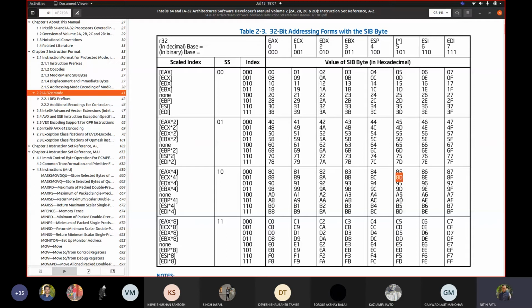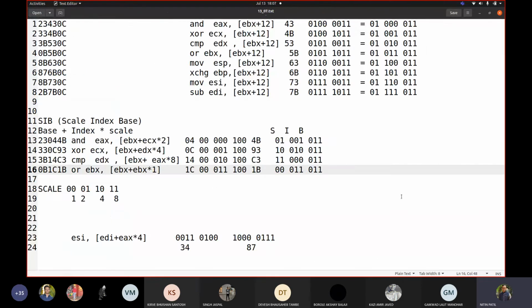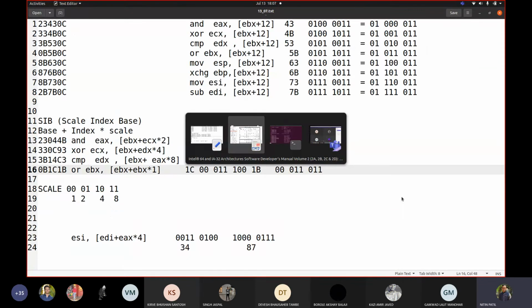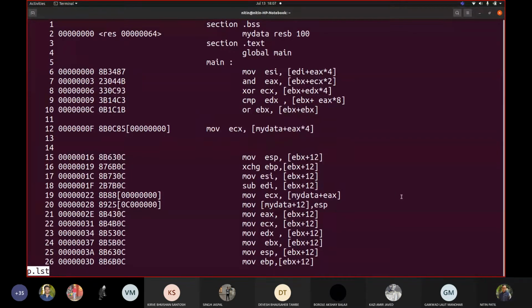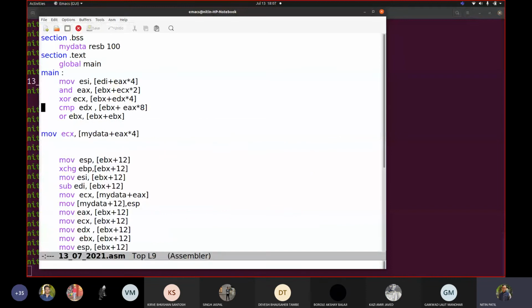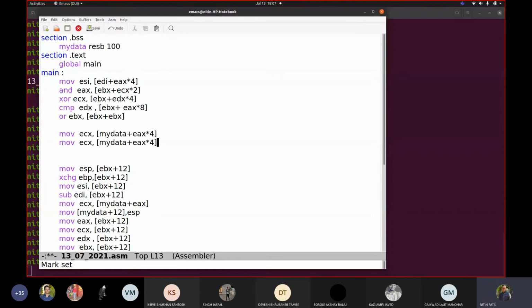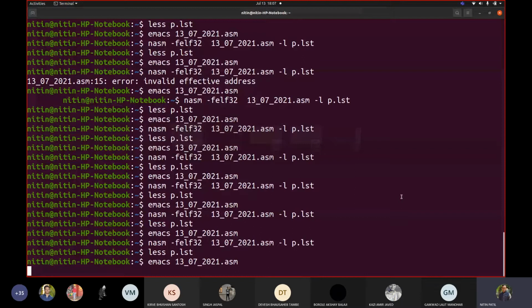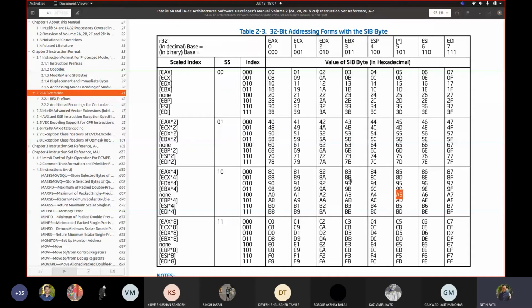And if there is some other number, let me make a small change in the code too. If it is EDX, what would be the representation? EDX multiplied by 4 should come as 95. Fine, it should be 95.